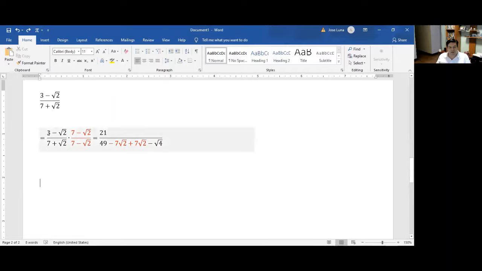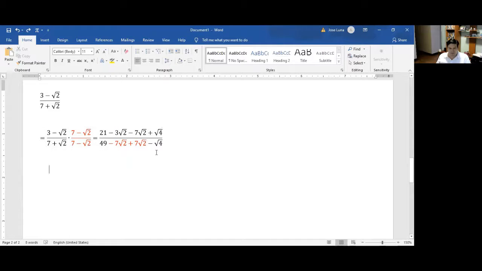And then 3 times negative square root of 2 is negative 3 times the square root of 2. And then we have negative square root of 2 here times 7, and that would be negative 7 square root of 2. And finally, negative square root of 2 times another negative square root of 2. That would be positive the square root of 4. Okay, so this is our multiplied expression.